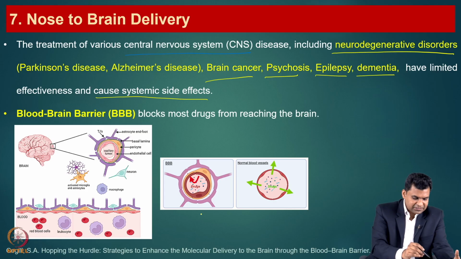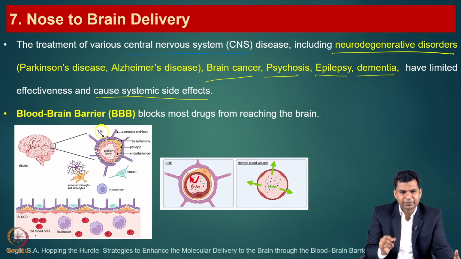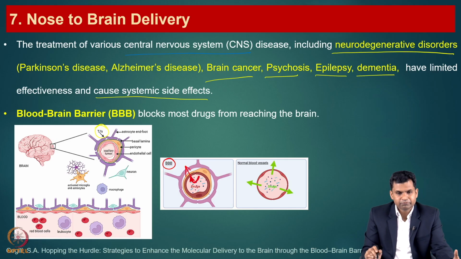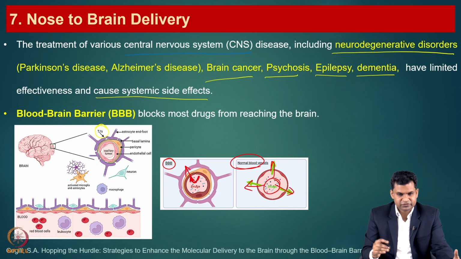So, here you can see the brain junction which contains very tight junctions and which will not allow the drugs to enter into the brain. Now, you can see this is a blood brain barrier. So, the drug is here and it cannot pass through the tight junctions, whereas in the normal blood vessels the drug will easily move and go into the target sites.